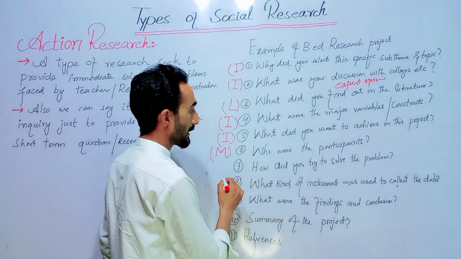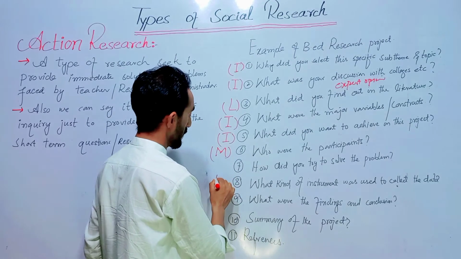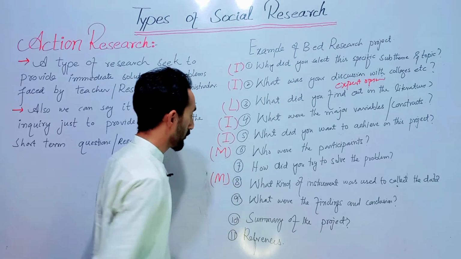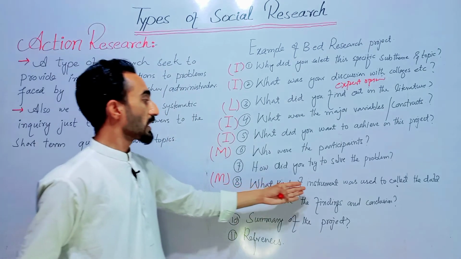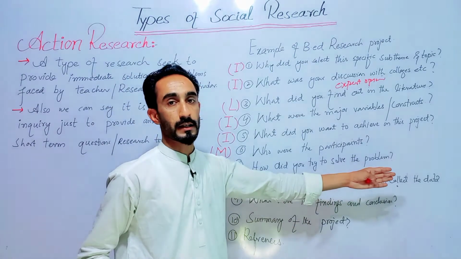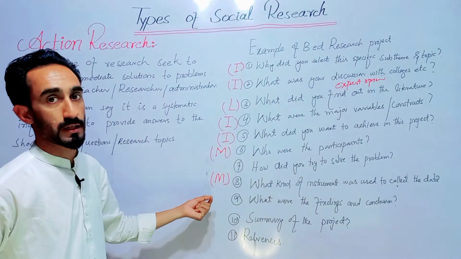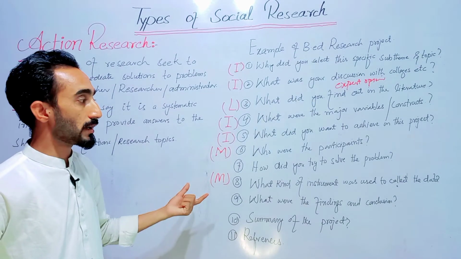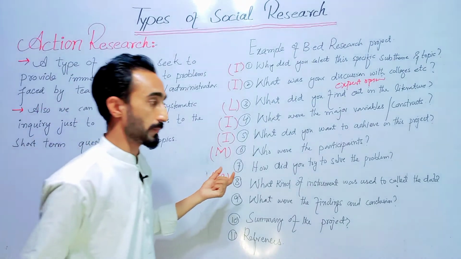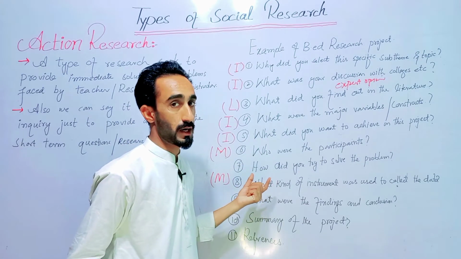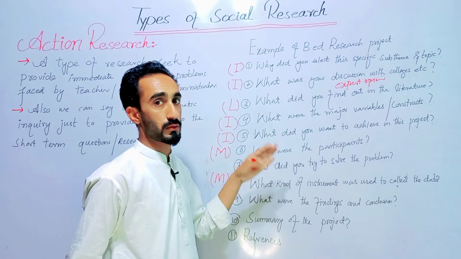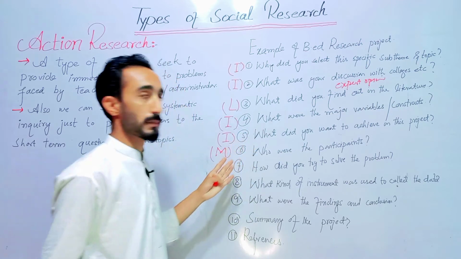Here we will skip the seventh one for now. The eighth one is also related to methodology: what kind of instrument was used to collect the data, or the data collection procedure? We plan or adopt a particular protocol or method for data collection. It is related to the major research step, methodology.